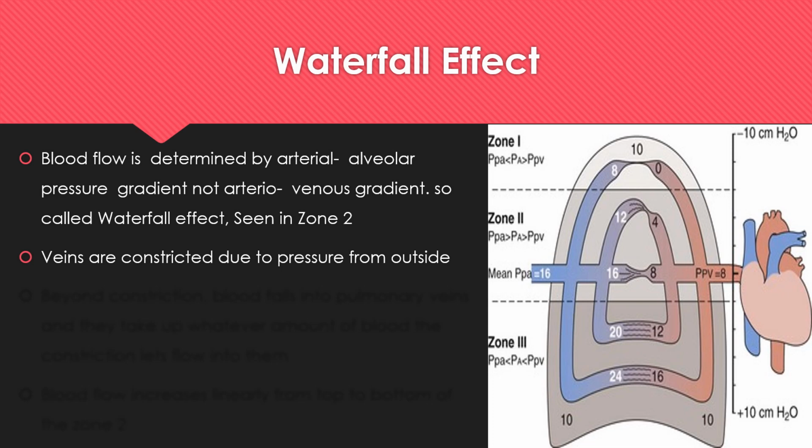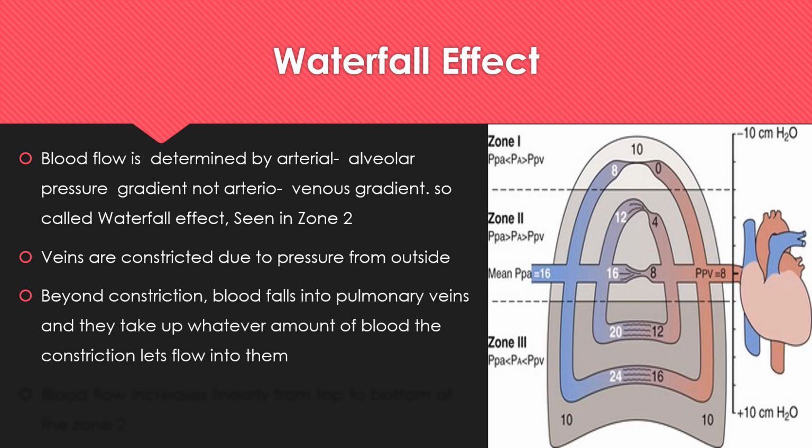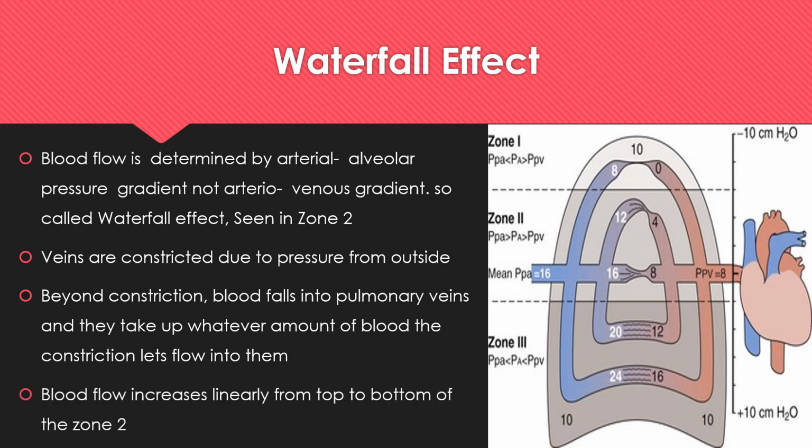Veins are constricted due to pressure from the outside. Beyond the constriction, the blood falls into the pulmonary veins and they take up whatever amount of blood the constriction lets flow into them.